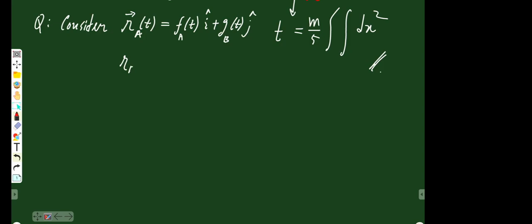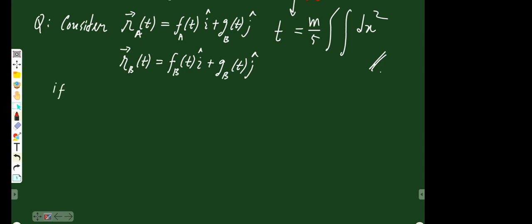Or r of b is f of b function of t i plus g of b function of t j. Okay, so something like this. So two position vectors are given to you, right?